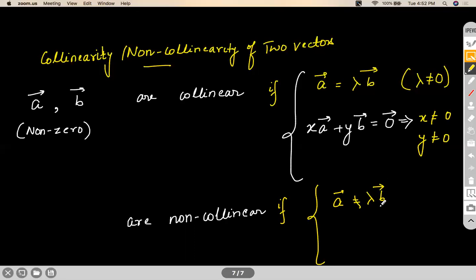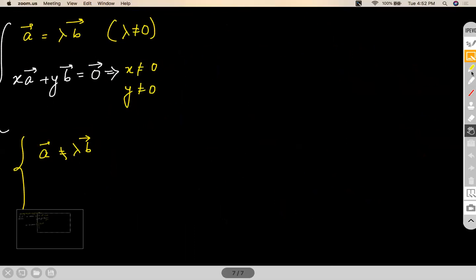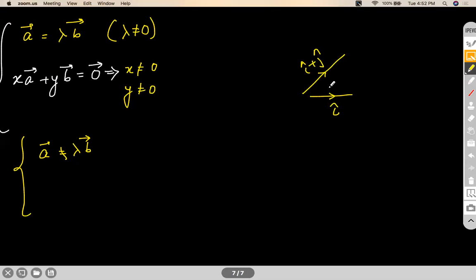Now, what is the meaning of this? So many people ask me, sir, what do you mean by they cannot be expressed as a scalar multiple of the other? I'll take an example. We all know i + j and i are non-collinear.